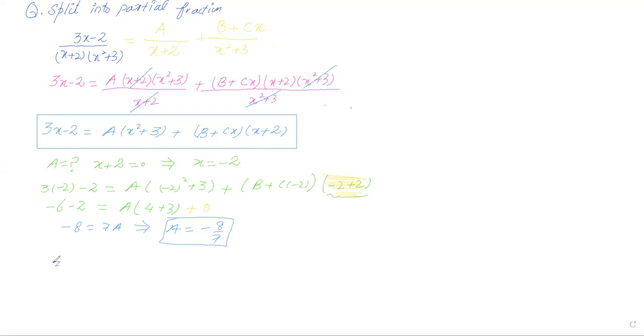So 3x minus 2 is equal to Ax squared plus 3A plus Bx plus 2B plus Cx squared plus 2Cx. So you have to compare the coefficients. I will make it short because the time is very less, less than 1 minute. So you have to complete this question.